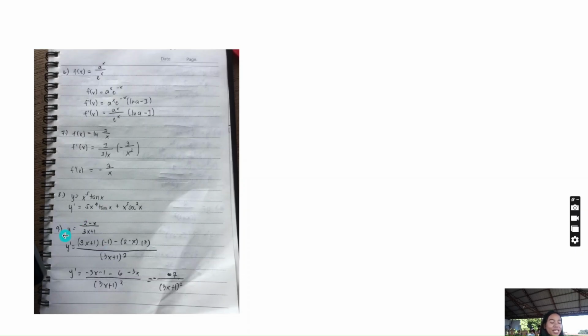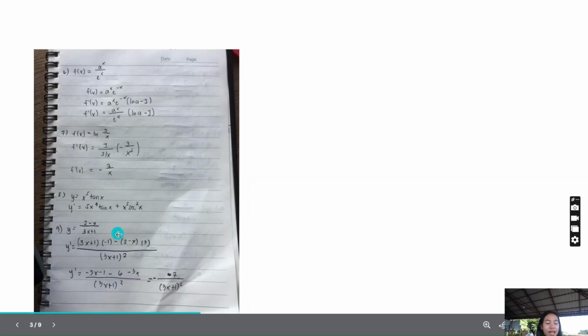For number 9, we are given the function y equals 2 minus x all over 3x plus 1. So this is simply applying the quotient rule, which is again v du minus u dv all over v squared. So our u would be 2 minus x, and our v is 3x plus 1.